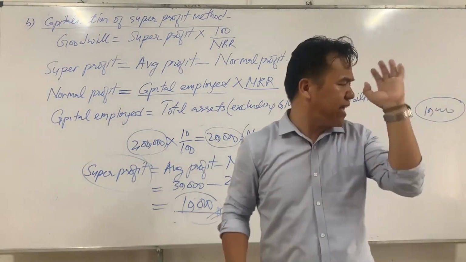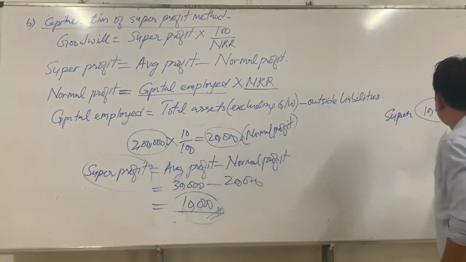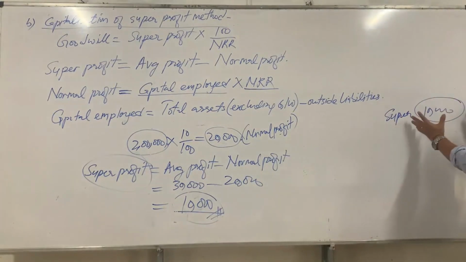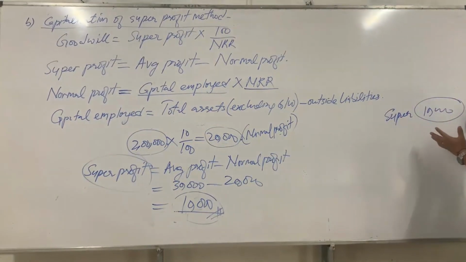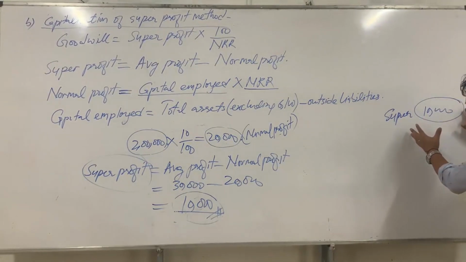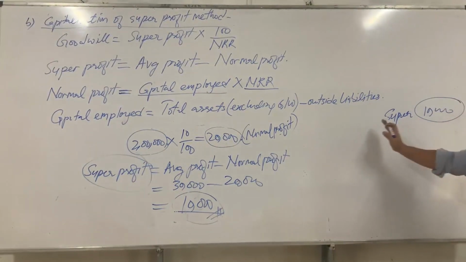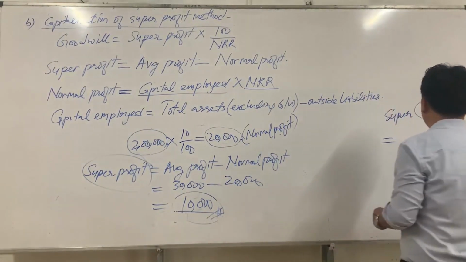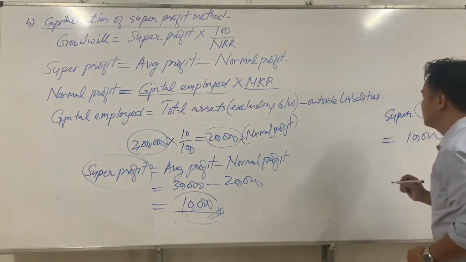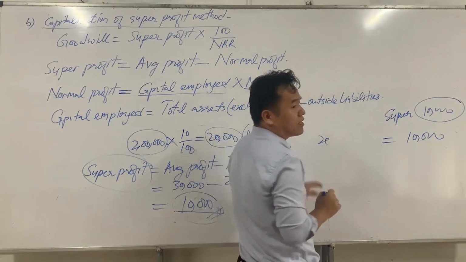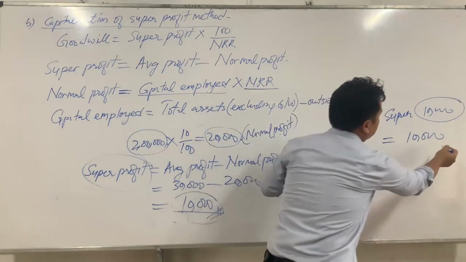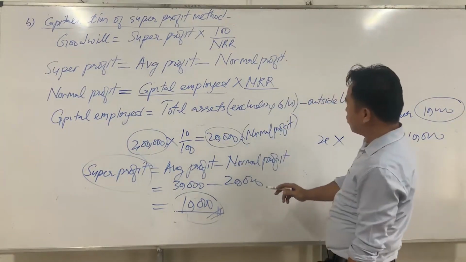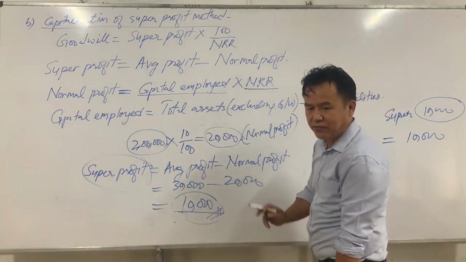Now the very question is, how much capital should be invested in order to earn super profit of rupees 10,000? Or I can say, in order to earn super profit of rupees 10,000, how much capital should be invested by firm A? So let X be the amount to be invested so that our firm can earn super profit of rupees 10,000. And what is the normal rate of return? Here the normal rate of return is 10%, as we have discussed earlier.